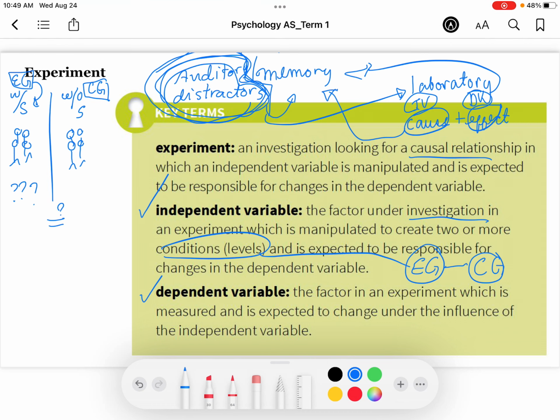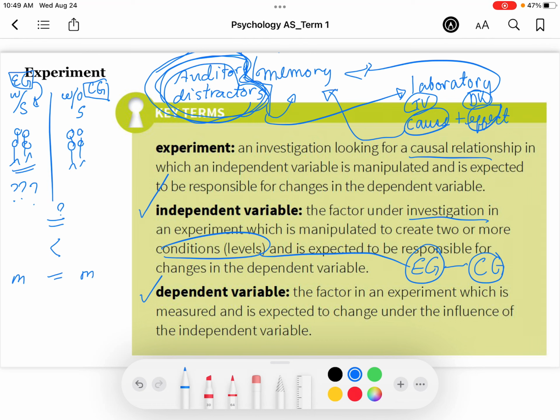Now we get the score, and then we compare. Are they the same? Are the scores of the group without distraction, the control group, higher than the score in the memory test of students from the experimental group, the one wherein music was played while they were taking the test, right? So the results will tell us we are measuring their mean.